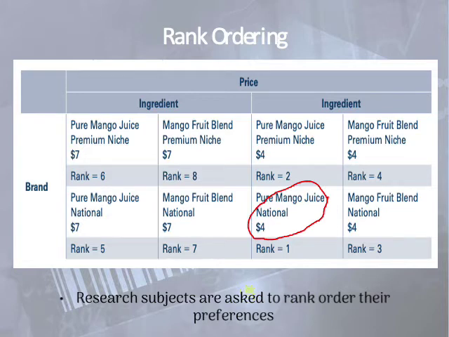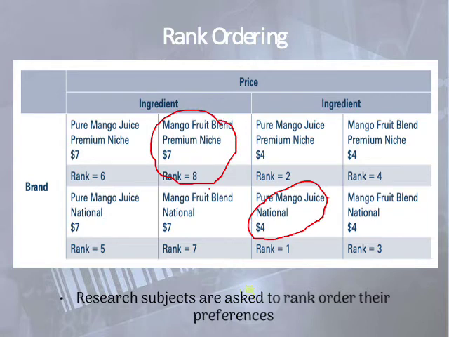And then we also have here, as a result of the ranking, nga naay consumers nga ning give of least preference over mango fruit blend priced at $7. So, mango fruit blend.